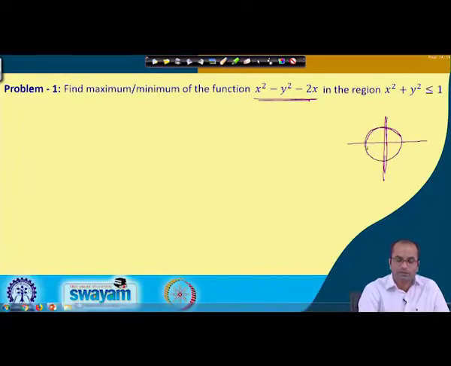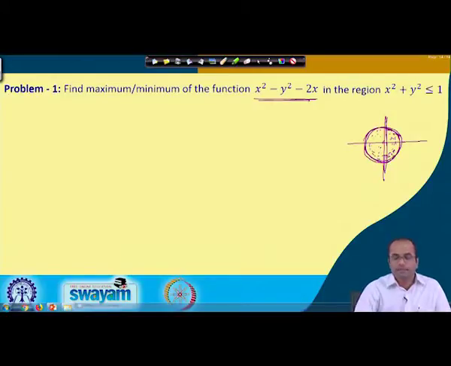We are talking about this disk, including the boundary, including the circle here. So, x, y are restricted only within this domain. There is a restriction on x, y, so this is a constrained problem.